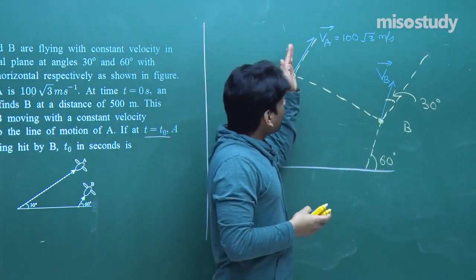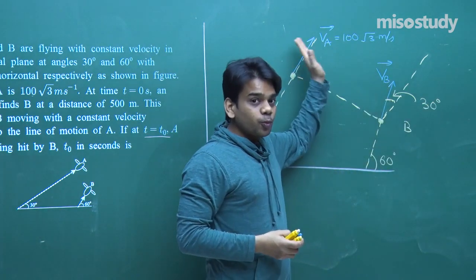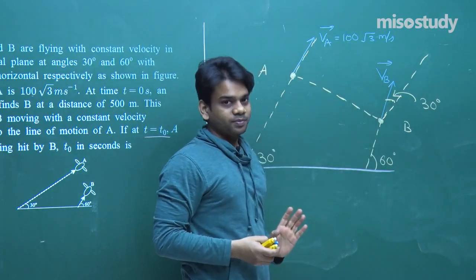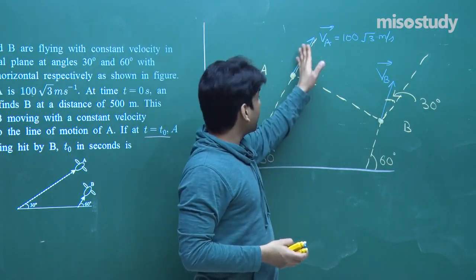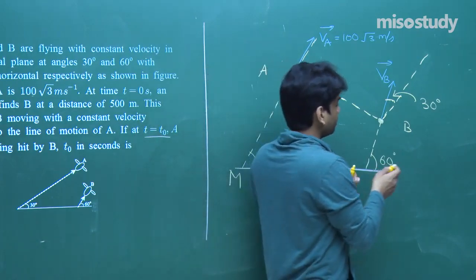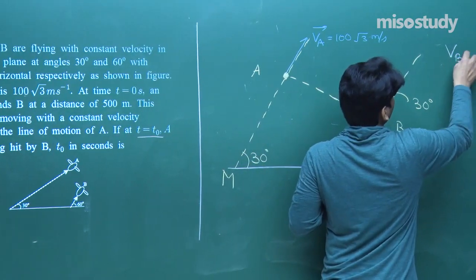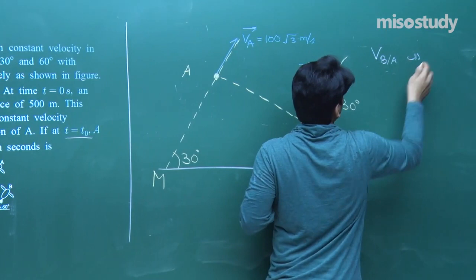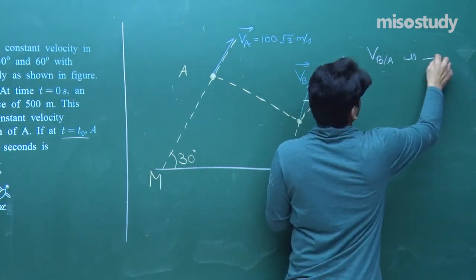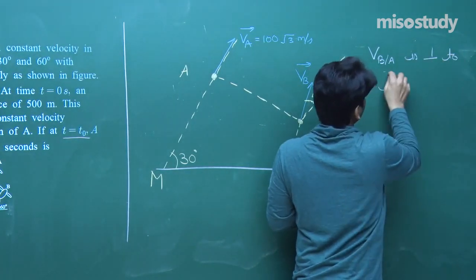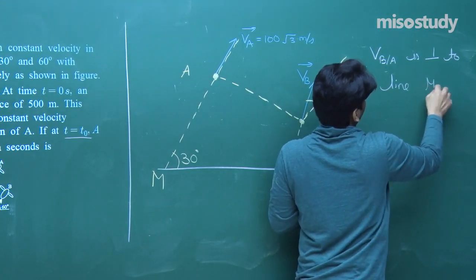Now it's given that the velocity of B with respect to A is perpendicular to line MA.